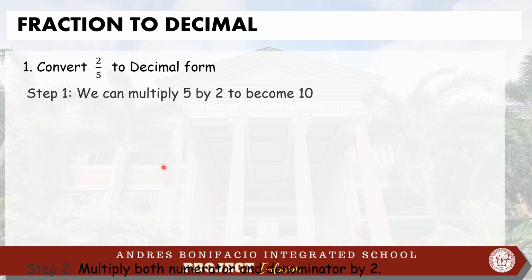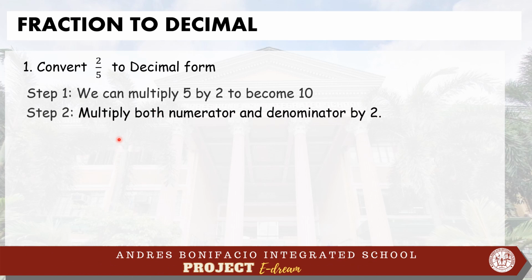So yung step 2 po natin, multiply both numerator and denominator by 2. Saan po ba natin nakuha yung 2 dito? Itong 2 na ito po yung number kanina na i-multiply natin sa 5, which is the denominator of the fraction, to make it a power of 10. So multiply natin yung both numerator and denominator by 2.